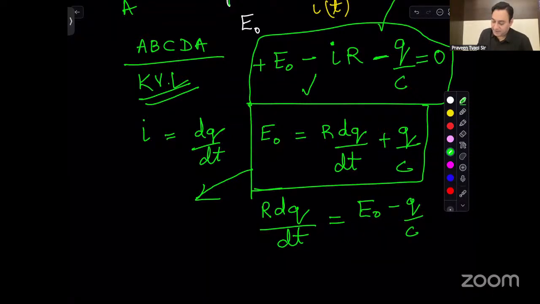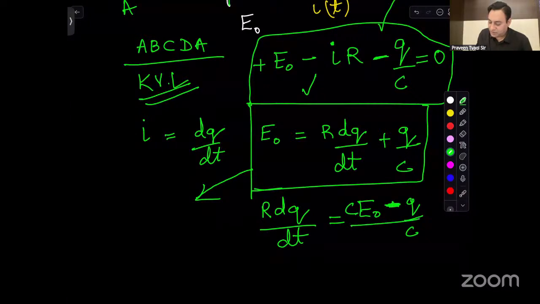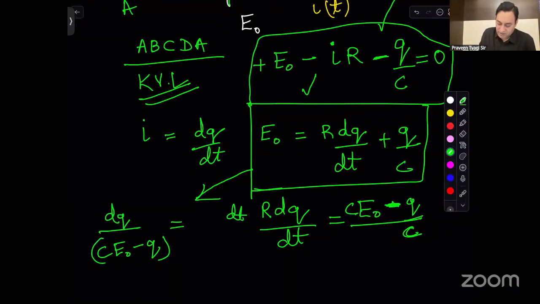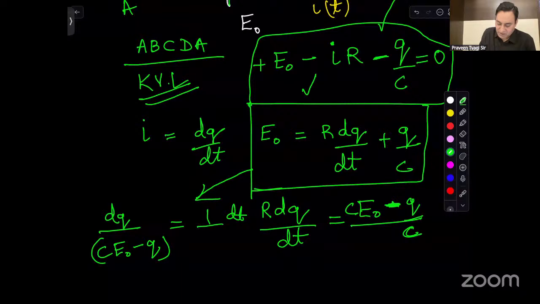Take LCM: C E naught minus q divided by c. Now this becomes dq by (C E naught minus q) is equal to dt by RC.